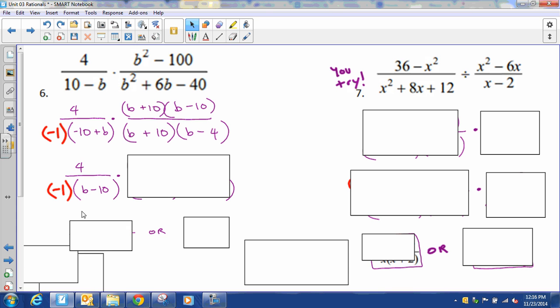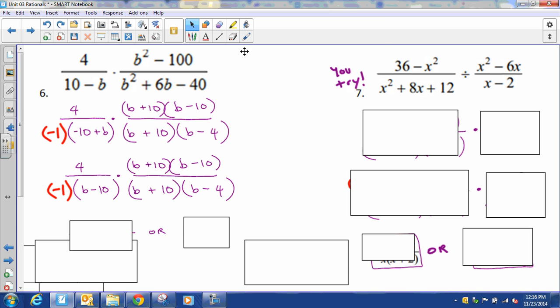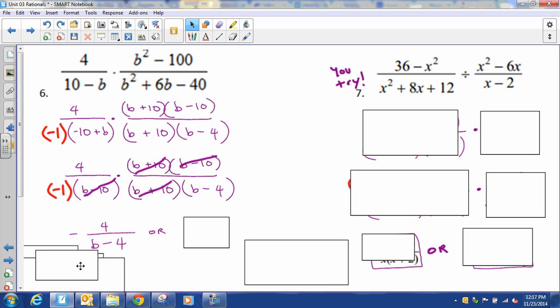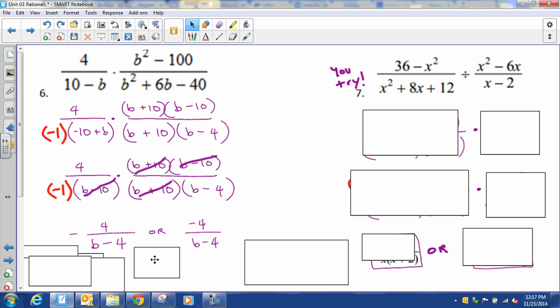Let's reorder this so it's b minus 10, and now we have a match. We can cancel this, cancel this, cancel b plus 10 with b plus 10, and our final expression is negative 4 over b minus 4, or you could see it as the entire fraction being negative 4 over b minus 4.